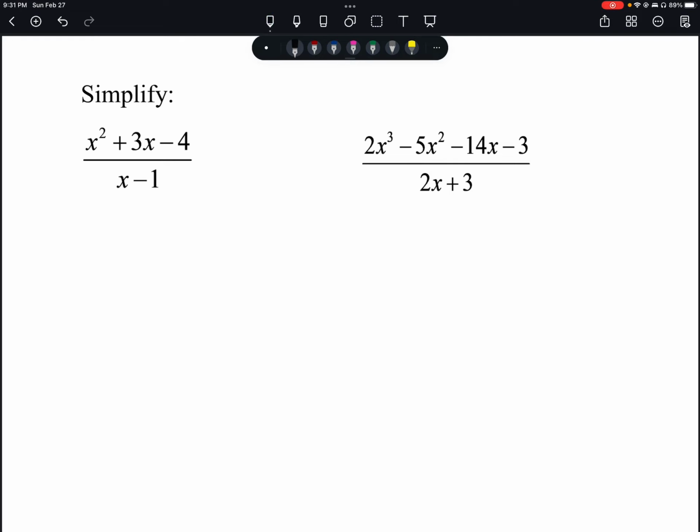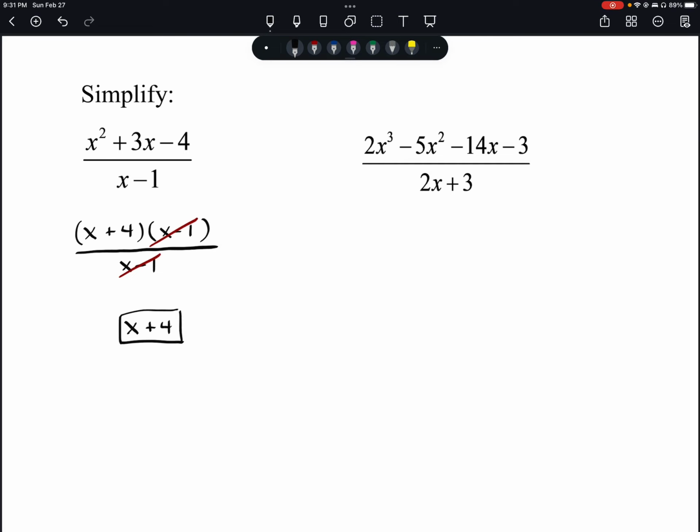Like x squared plus 3x minus 4, we know factors into x plus 4 times the quantity of x minus 1. And then since we have an x minus 1 over an x minus 1, right, we can cancel out those two factors, and we're left with our answer being x plus 4.